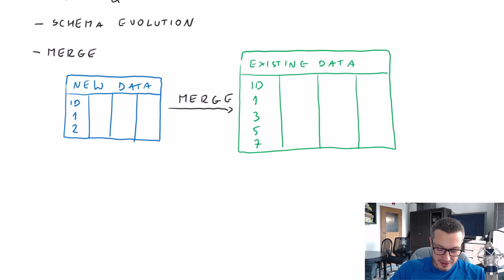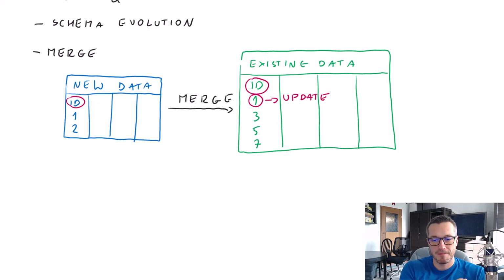So we would define it using merge command, and we would instruct Delta to, let's say, try to match our tables based on ID column, because let's say that's a column that stores identifiers of our rows. And if those IDs match on both sides, like for ID number 1, we would like to update this row.